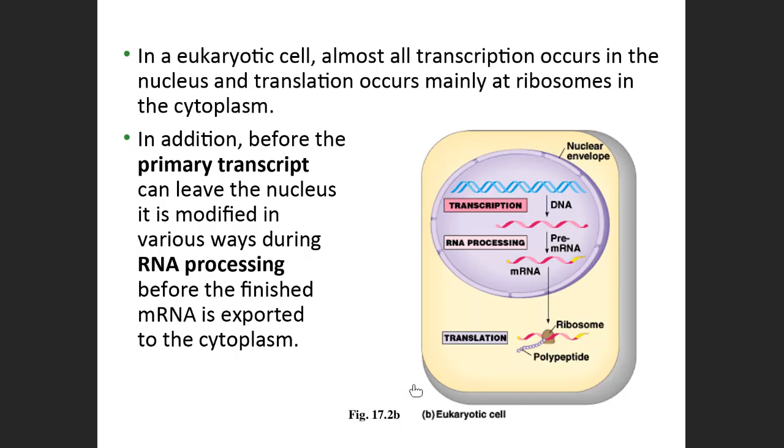So the initial RNA transcript in a eukaryote is called the primary transcript. It's going to be modified in several ways before it becomes the final messenger RNA transcript that will eventually be translated by a ribosome. So eukaryotes are more complicated, as we're going to see.